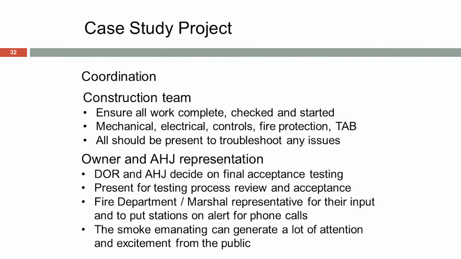For coordination, it was the entire construction team: mechanical, electrical, controls, fire protection, and TAB. We wanted everybody present during the actual functional performance testing so that no one trade's activities or failures or faults would cause an entire 15-person testing team to have to stand by idly. The owner and AHJ had direct representation.